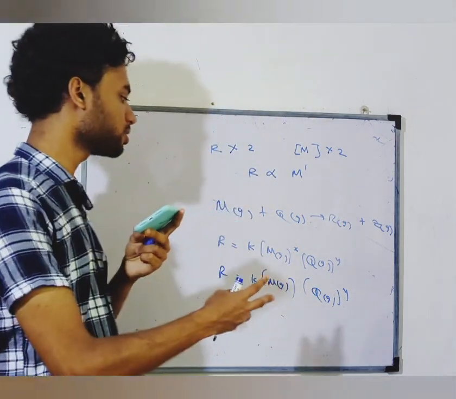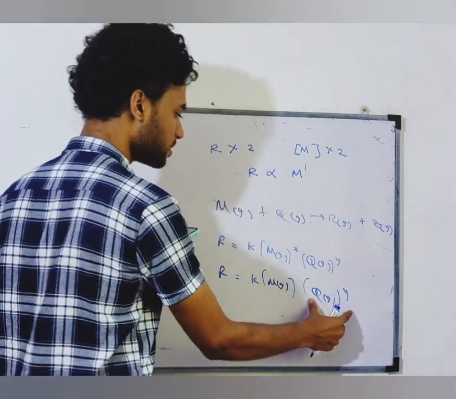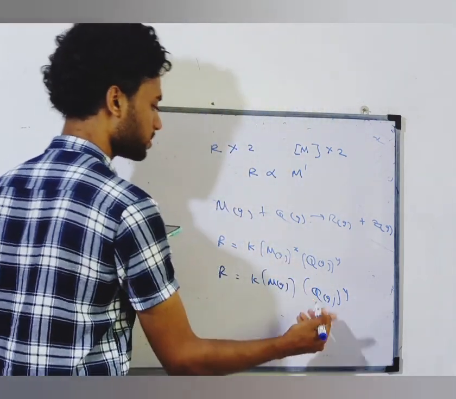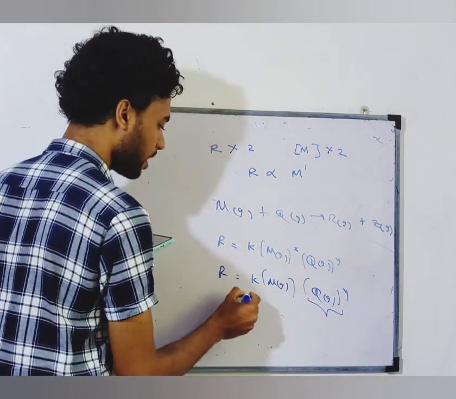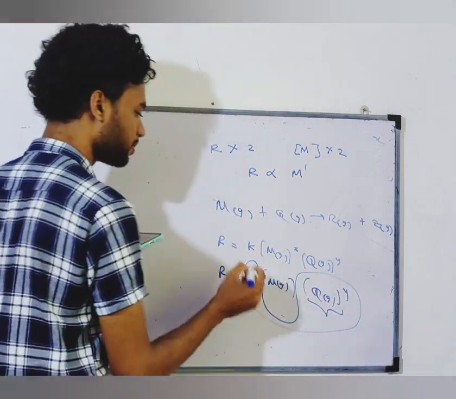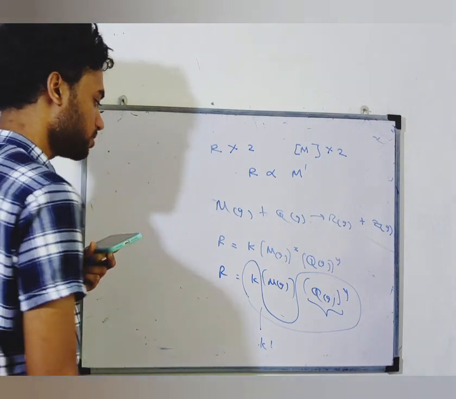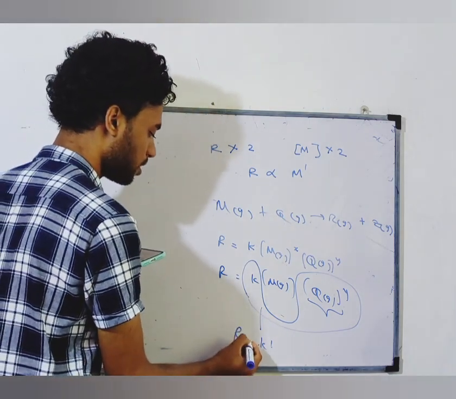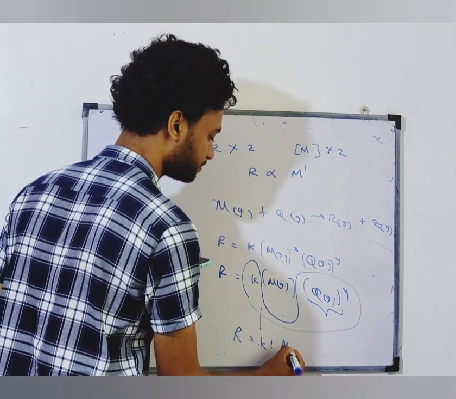So we don't have to think about the changing concentration of Q. Then we can think of this term as a constant. Then this rate constant K and this together I can represent with a common constant K dash. So then rate is equal to K dash times M gas.